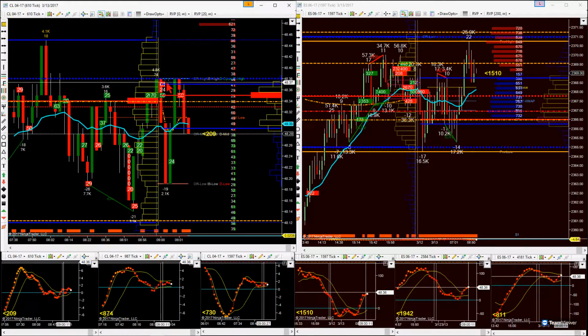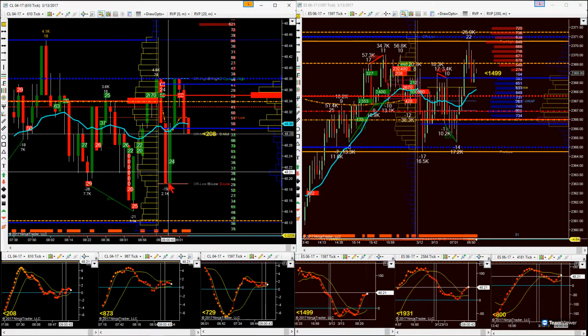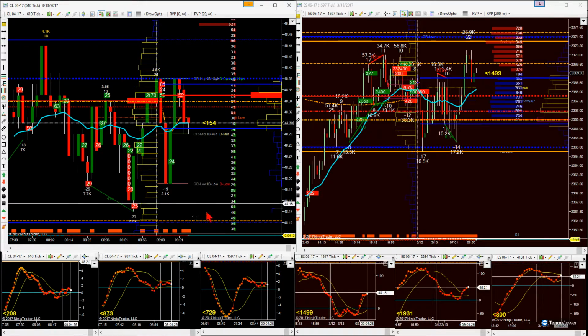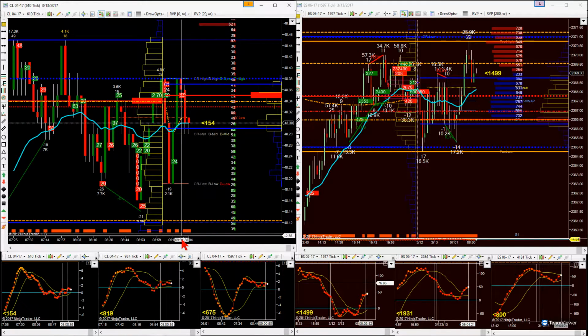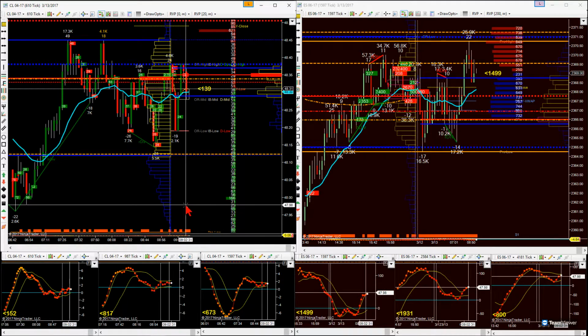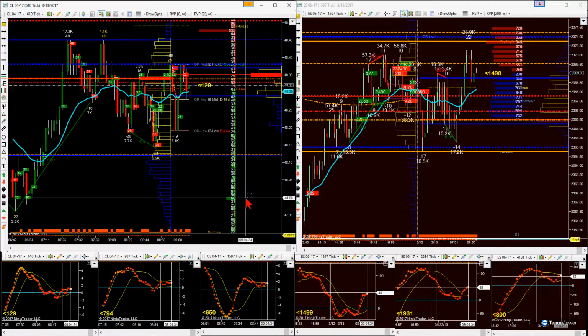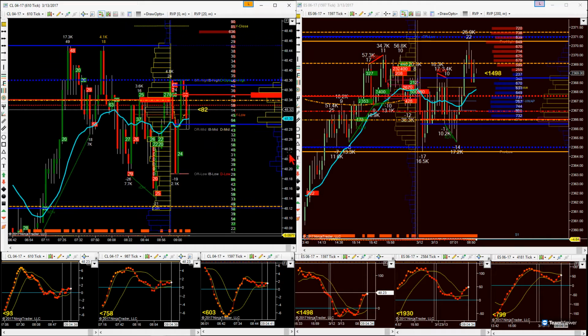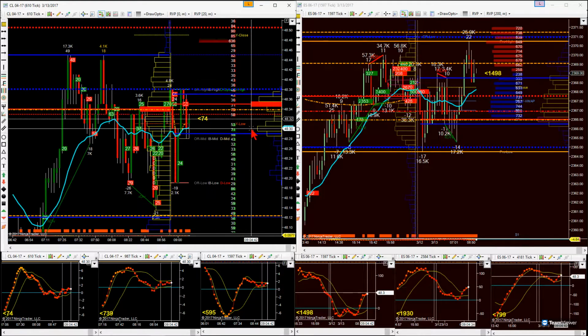See some selling right off the bat here, right at the open. Some buying as well, but some sellers right at the open. Some sellers on the pullback. Once again, let's note how thin these levels are.